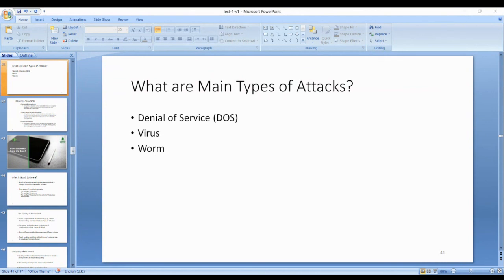For example, there was a Hollywood movie Troy, in which the Romans and the Greek warriors were there. So they have the Trojan horse. Trojan horse is a very popular virus.